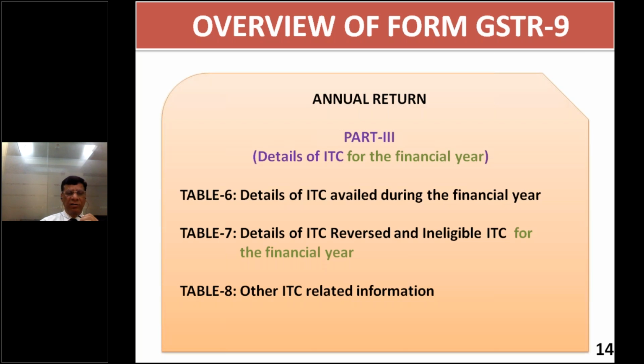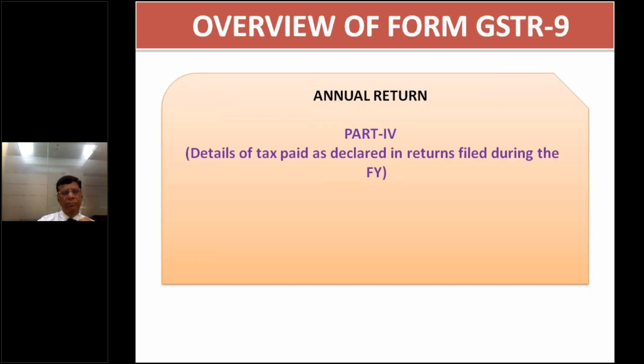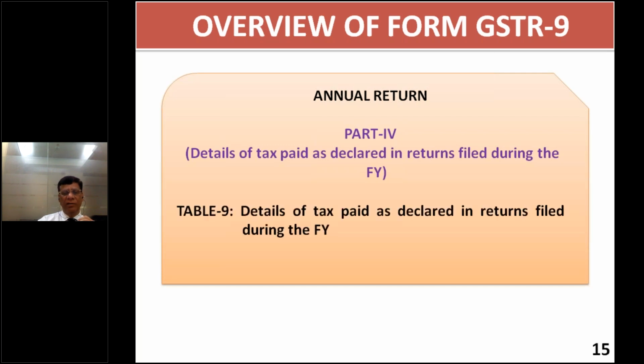We will be studying these Tables 6, 7 and 8 in detail in the coming slides. Then Part 4 contains details of tax paid as declared in returns filed during the financial year. It contains only one table, Table 9. We will be making a detailed study of this Table 9 in the coming slides.